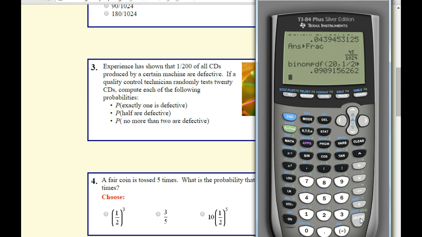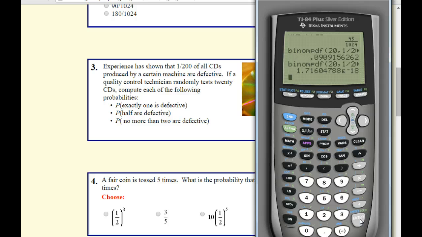So we get 0.0909, okay? Somebody write that answer down. We're going to check it in a minute. Half are defective. So exact same question, but what? 10 are defective out of the 20. That's going to be really small.